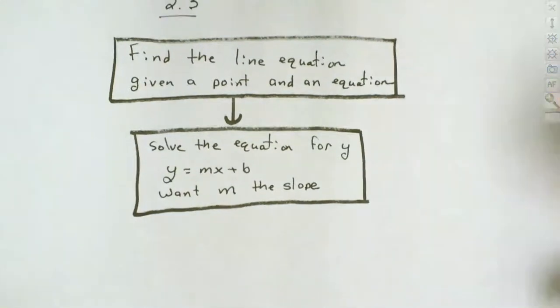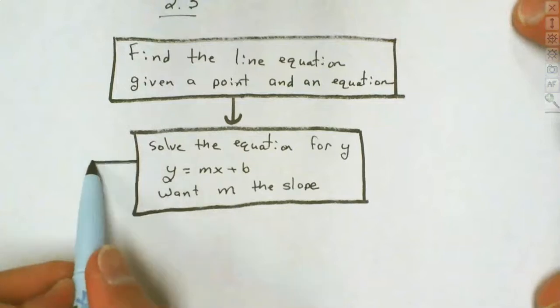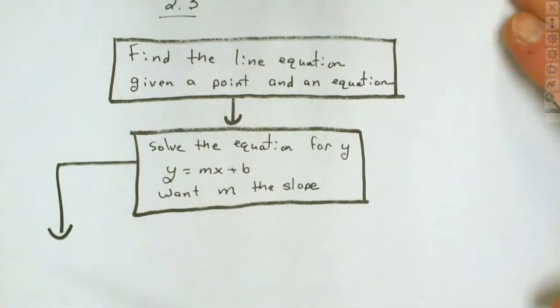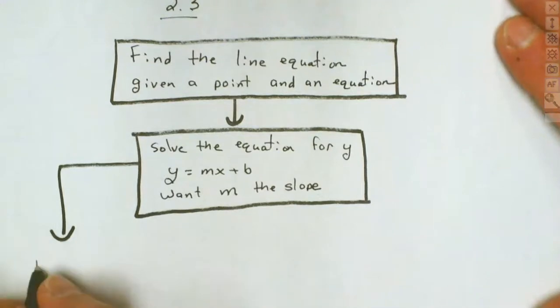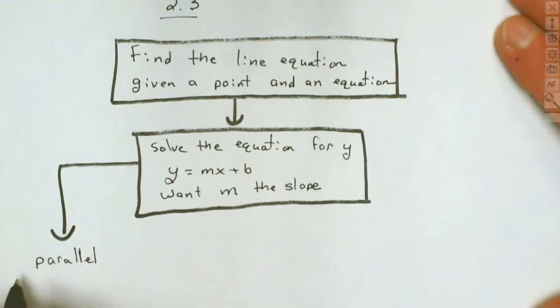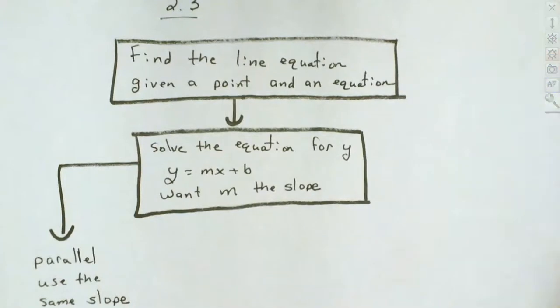So if we want the parallel slope, if these lines are parallel, that means they have the same slope. So we use the same slope. So if it's parallel, we use the same slope.